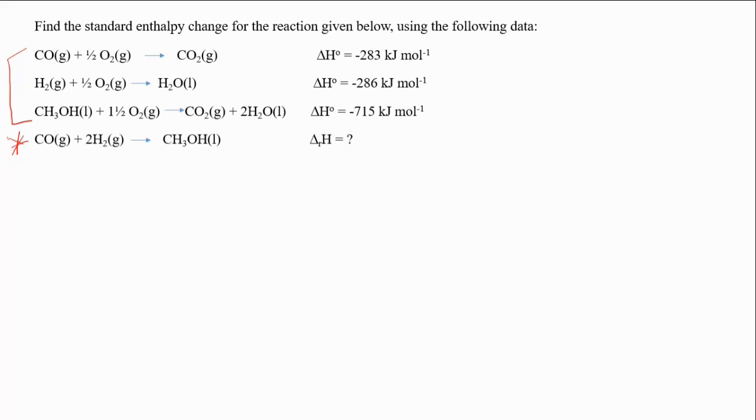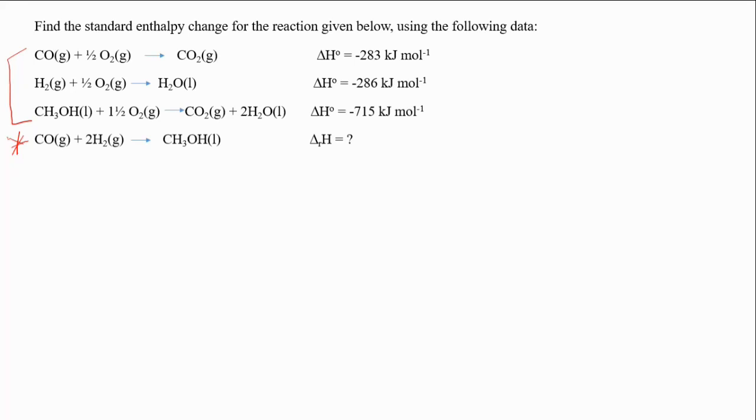Identify things that are in the unknown equation which are in these equations. What am I talking about? Look at the main equation, or the unknown equation. Inside that equation, you have carbon monoxide gas. Let's look at the top to see if we have any equation with carbon monoxide gas present. Well, none here, none there. What do you know?